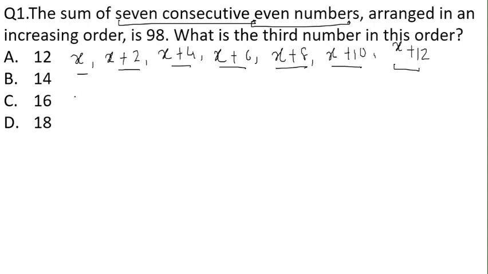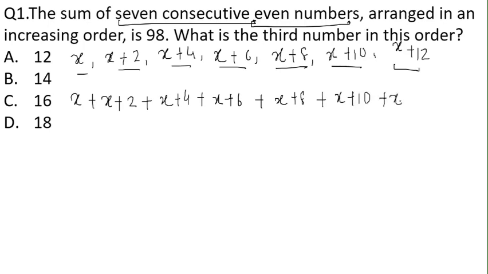In the given question, they have given the summation of all these, that is x plus x plus 2 plus x plus 4 plus x plus 6 plus x plus 8 plus x plus 10 plus x plus 12, and the summation of the 7 consecutive even numbers is equal to 98.